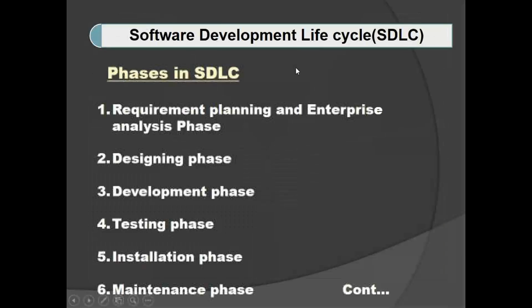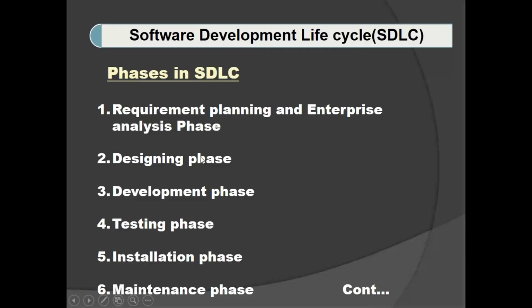What are those phases? Requirement planning and enterprise analysis phase. Second one is designing phase. Third one is development phase. Fourth one is testing phase. Fifth one is installation phase. And finally, the sixth one is maintenance phase. Okay. So these are the 6 phases of SDLC.